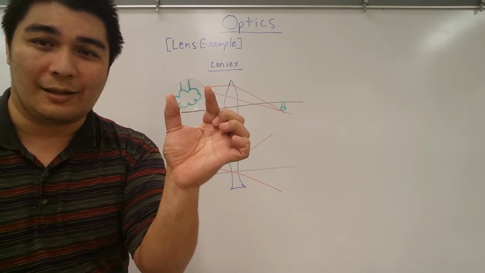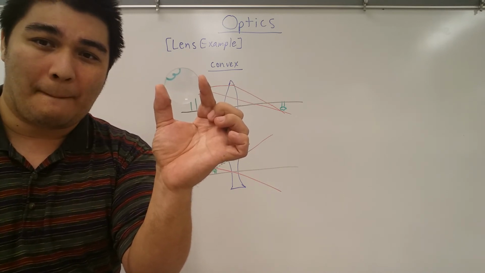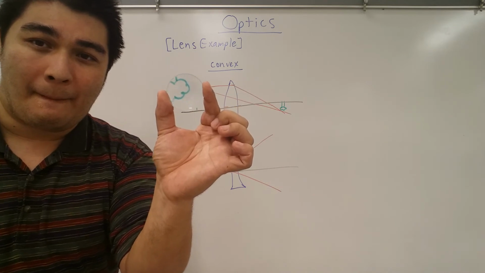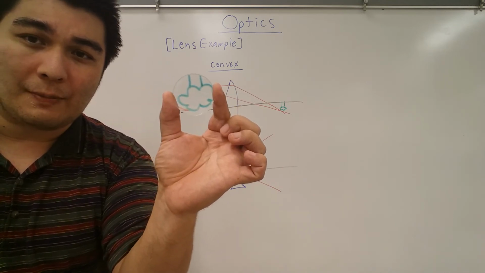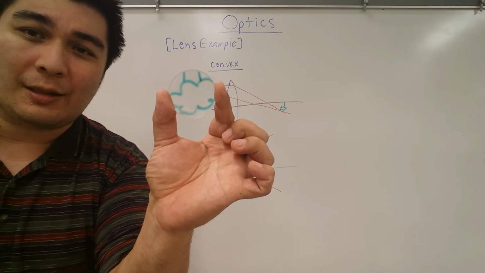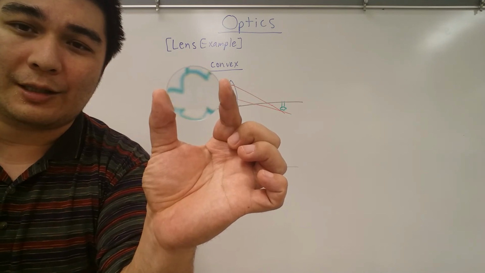Sorry if this is taking a little bit longer, but I wanted to bring this in as close as I can. Okay, as you can see, it's getting a little bit more out of focus, but it's still a real image.